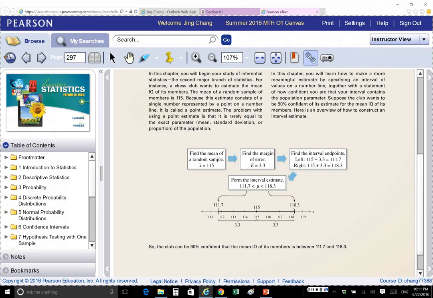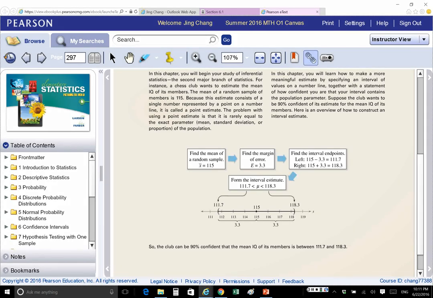Now here, this picture shows if you want to estimate the population mean using the sample data or sample mean, we can calculate the margin of error. Then you take your sample mean, like the picture shows 115, subtract the margin of error, and then add the margin of error, and you'll get two numbers.